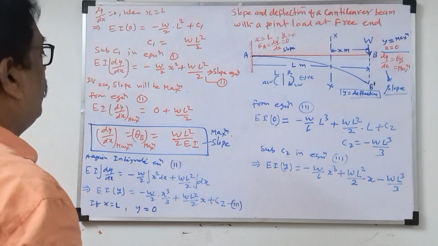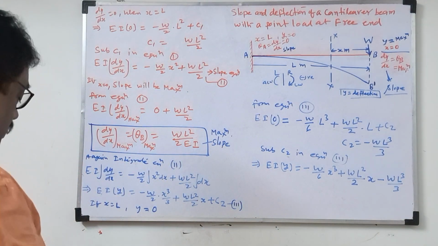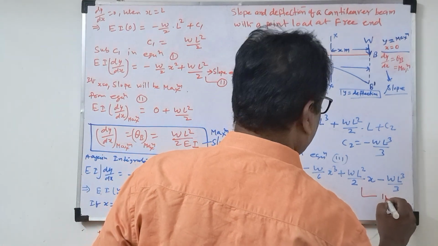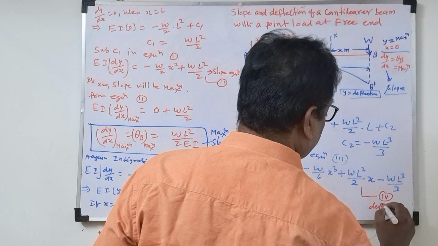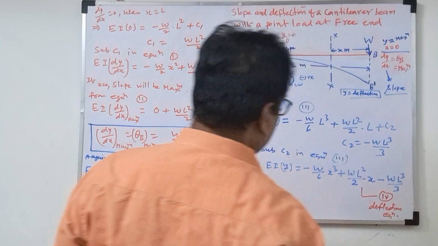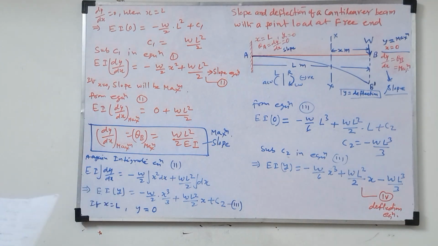This is the deflection equation. Give it equation number 4. This is called the deflection equation: EI y equals minus W by 6 x cube plus WL square by 2 x minus WL cube by 3.